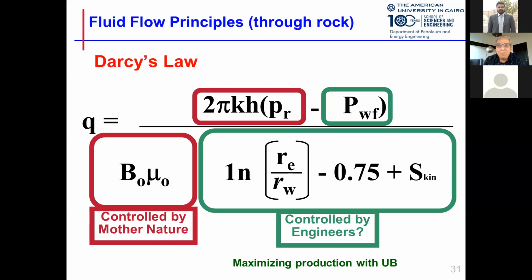But if you decrease it significantly, the difference will be large, and when you multiply the pressure drop by the factor related to permeability and thickness, the numerator value will be quite high. But the most important one to worry about in this equation is the skin factor in the denominator.